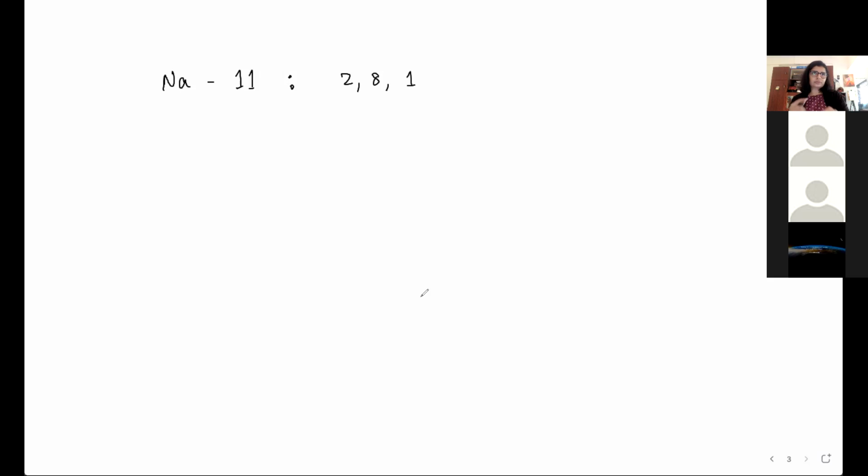Now, sodium, if it needs to gain stability, you correctly said that it either gives or takes electrons. Now, will sodium gain stability by taking 3 electrons? Or can it give 5 electrons? No, ma'am. No. So, what is the rule that sodium will follow to be stable?